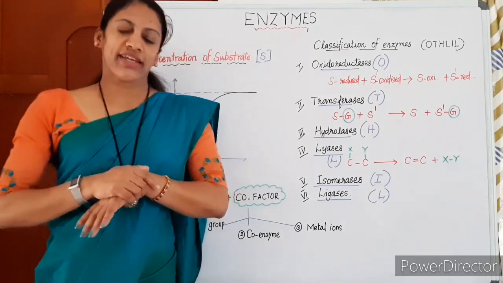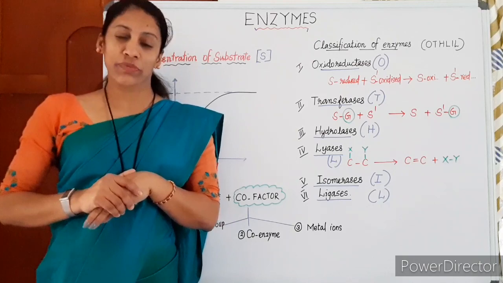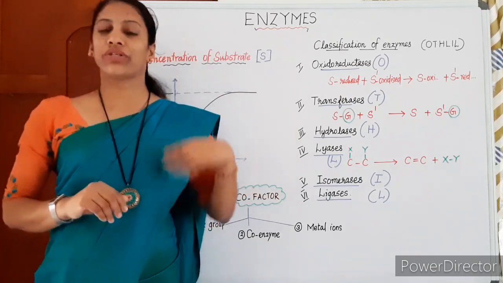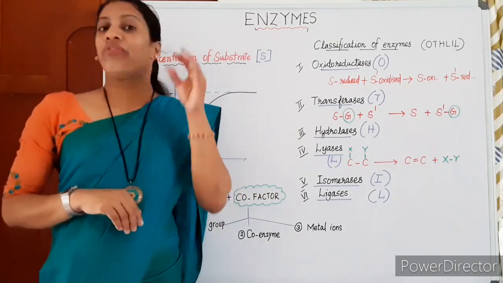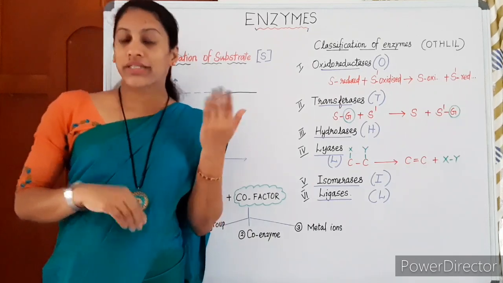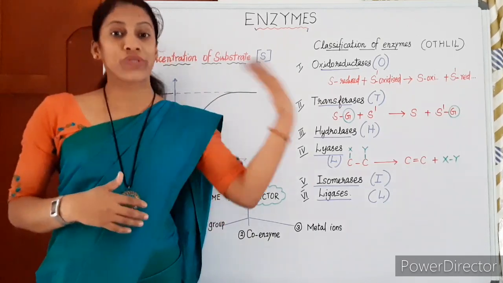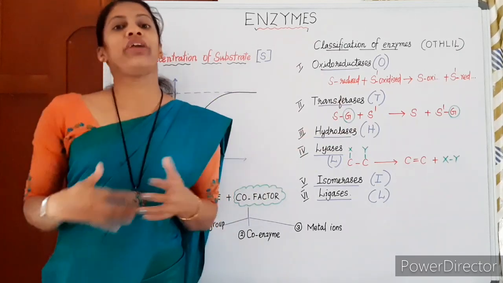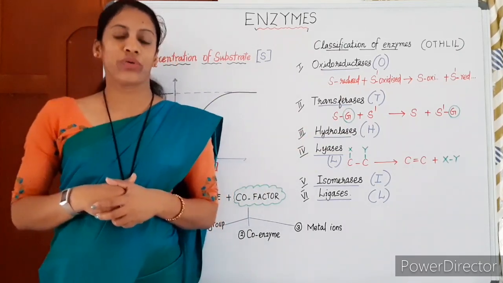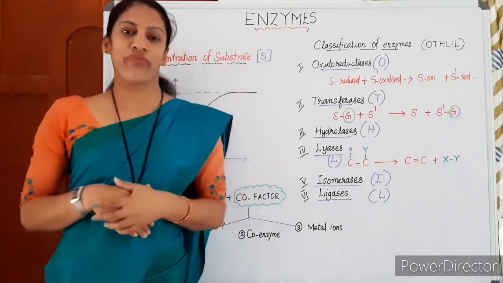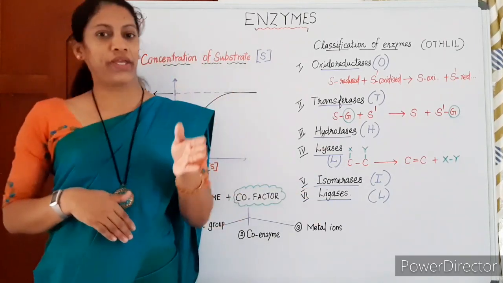Now you know that enzyme actions are not much favored in high temperatures and high pH. For every organism, based on its internal body concentration and body temperature and also the habitat temperature, every organism has a particular optimum value for both temperature and pH.